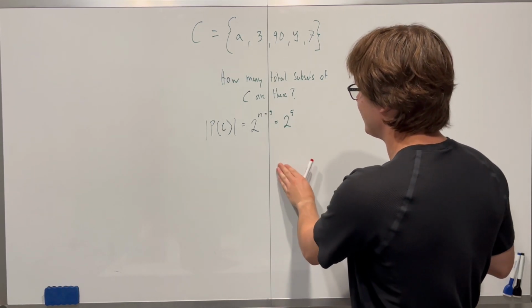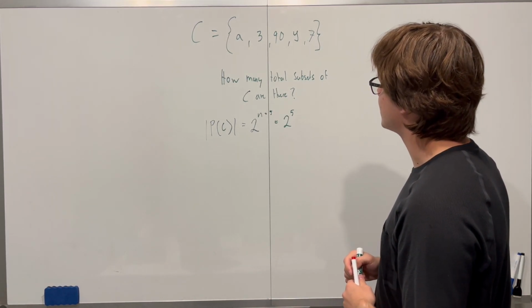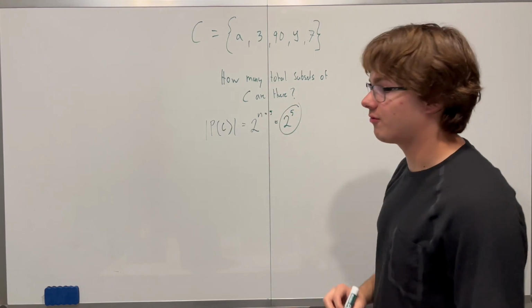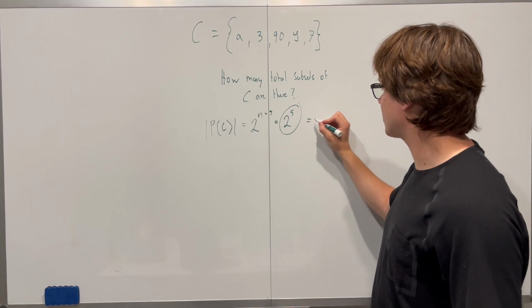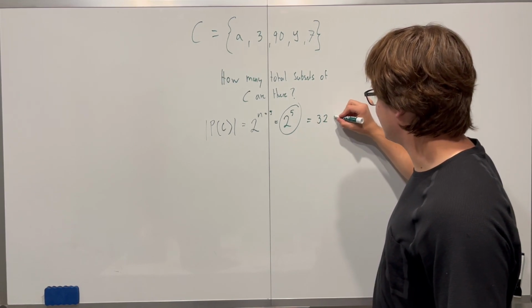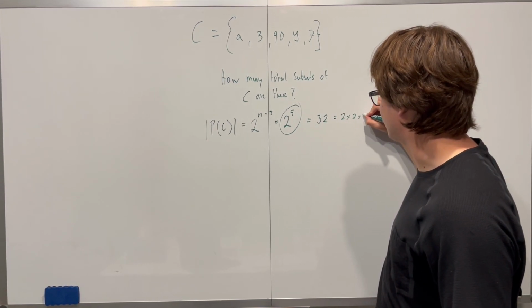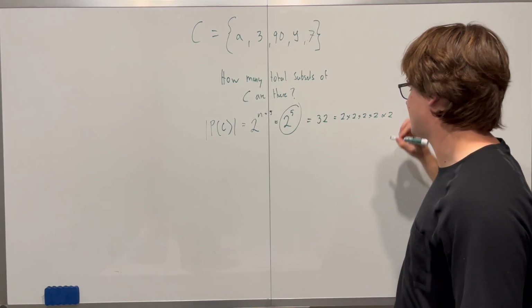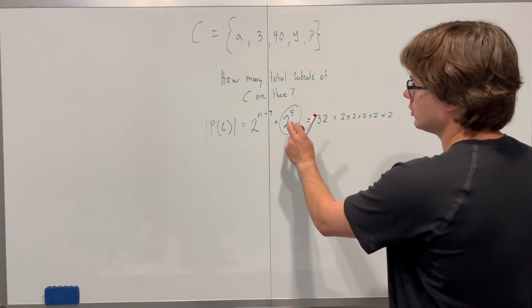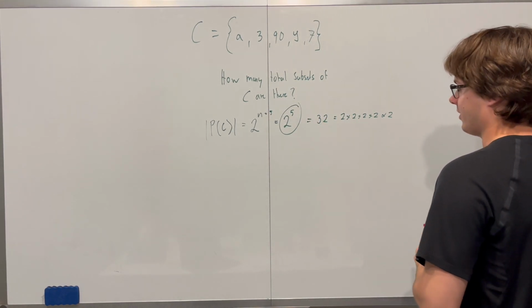From this point forward, I'm going to accept an answer in this form. I'm not going to ask you to get it into something like 32, because 2 to the power of 5 is the same as 2 times 2 times 2 times 2 times 2. These are all the same, so we should be just as happy with one as the other.